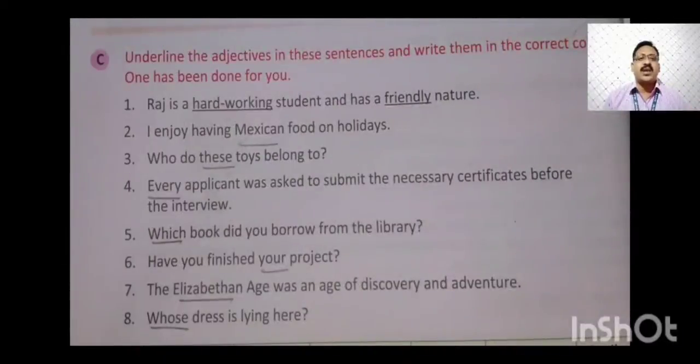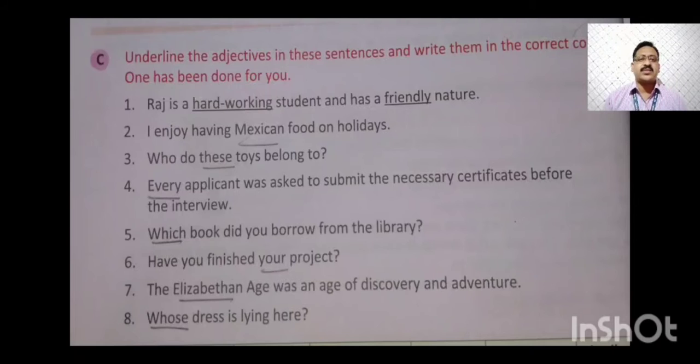Exercise C. Underline the adjective in the sentence and write them in correct order. Raj is a hardworking student and has a friendly nature. So you have to find out the adjectives in the sentence.